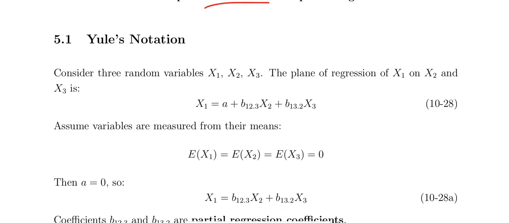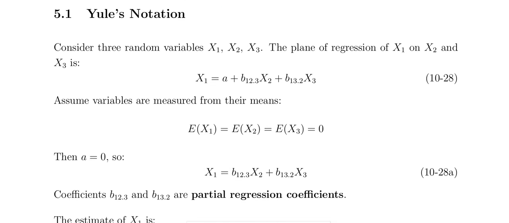Okay. Consider three random variables x1, x2, x3. The plane of regression of x1 on x2 and x3, that is, x1 is dependent on both x2 and x3, is the equation.